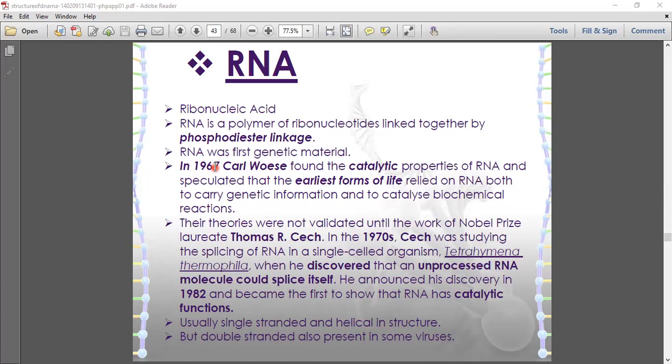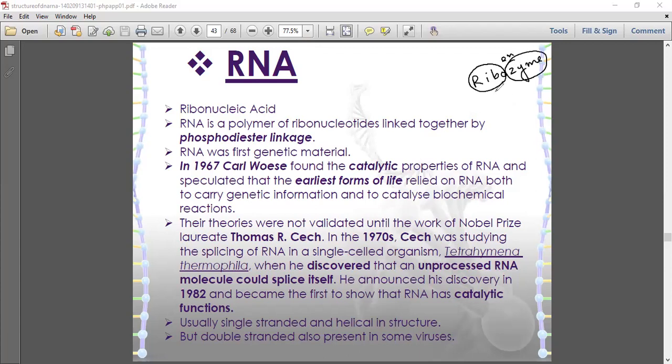Okay, so catalytic RNAs are known as ribozymes. What are ribozymes? As the name itself suggests, it has two parts. One is ribo, another is zyme, which is an abbreviation of enzyme.